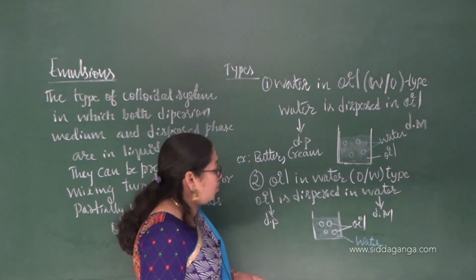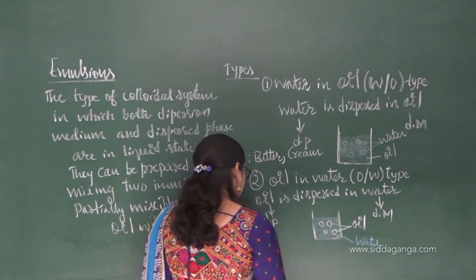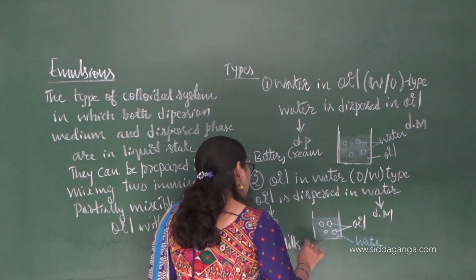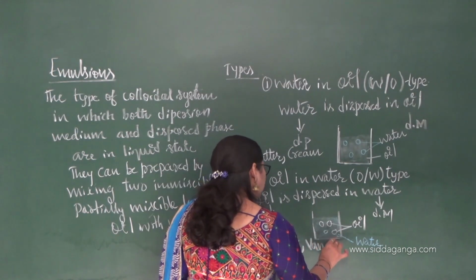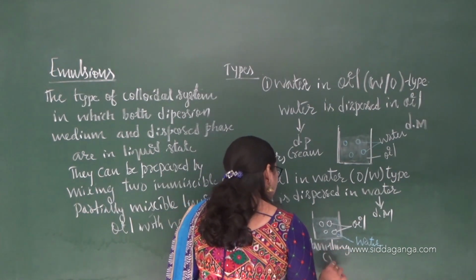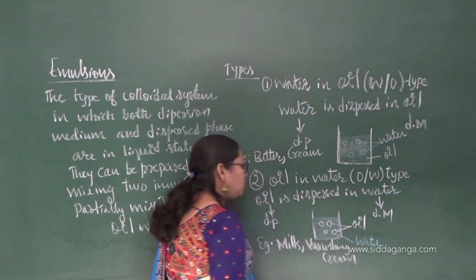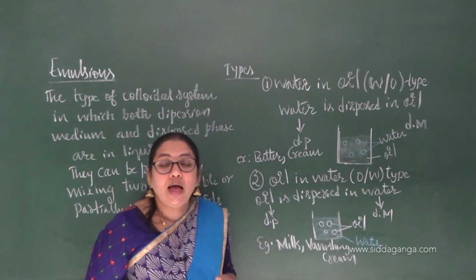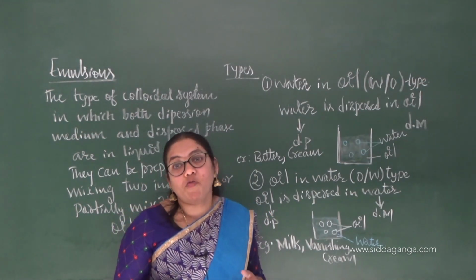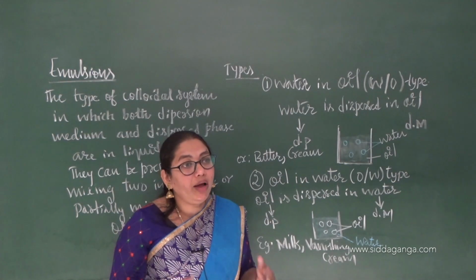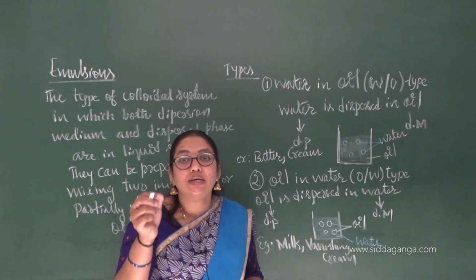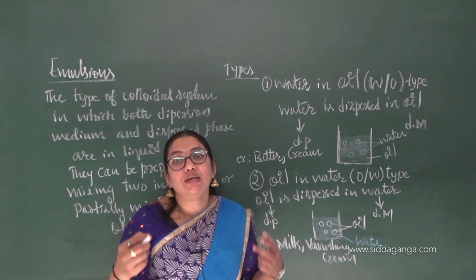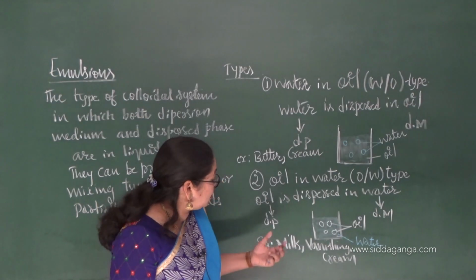For this we can give the example of milk, as well as some vanishing creams. If you boil thick milk, to which you have not added a large quantity of water, properly, you are going to see yellow color droplets, which is the cream or butter.